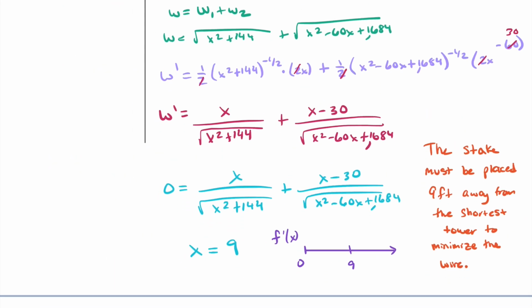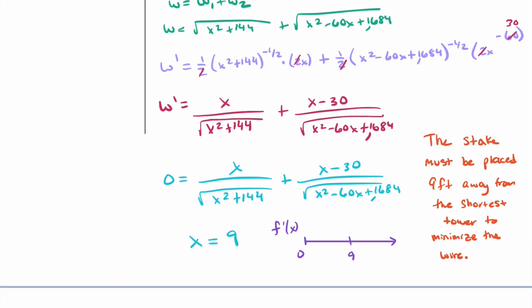When you go to put in your first derivative, let's pick the number 0 or 1. Let's do 0. We're going to get 0 here for this one, and then you get a negative 30. So it's the negative, and then 0 here. That's 0. You get square root of 1684. That's positive. So we get a negative over a positive with 0 on this side.